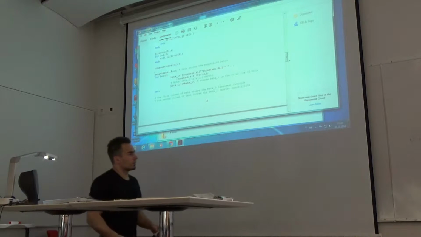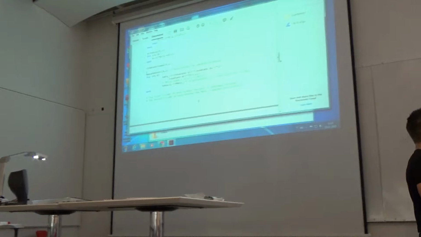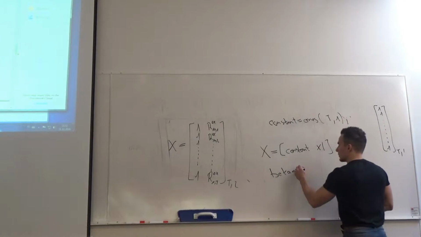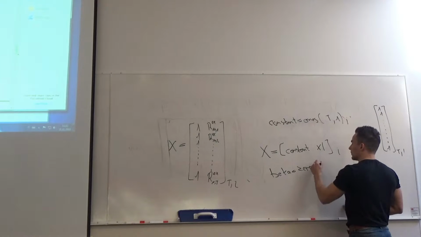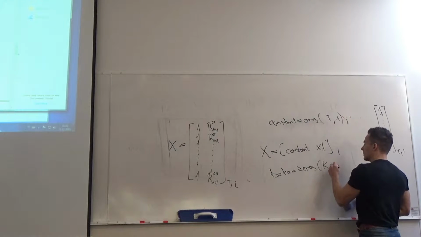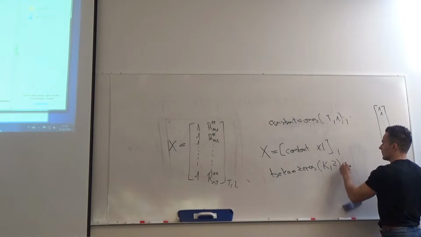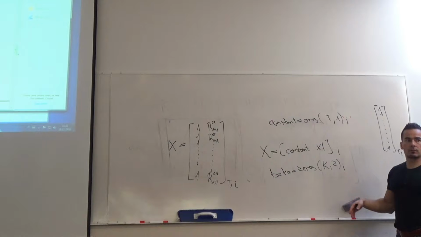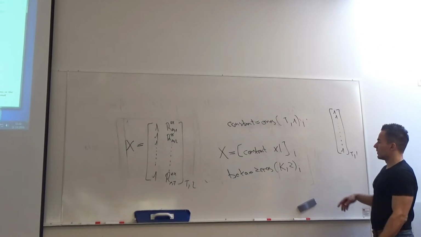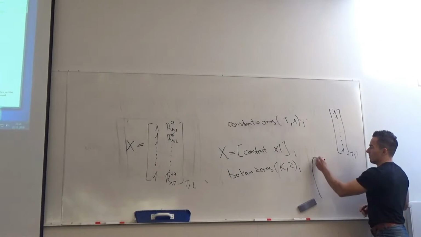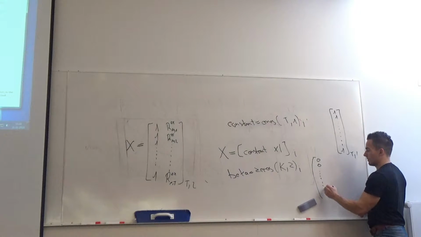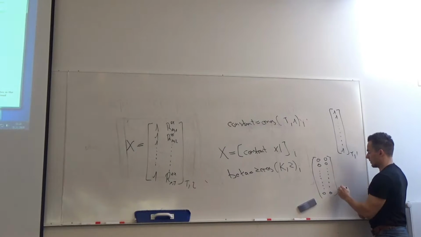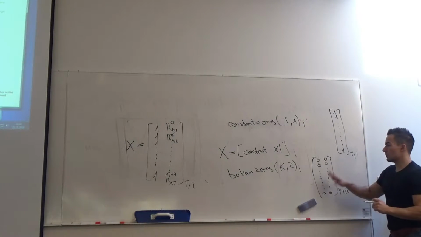We define it as zeros again, like we did last time: zeros with k by 2, where k is 14, so it doesn't matter if you write 14 or k, because we have k defined already earlier. It's a matrix of zeros with dimension 14 by 2.